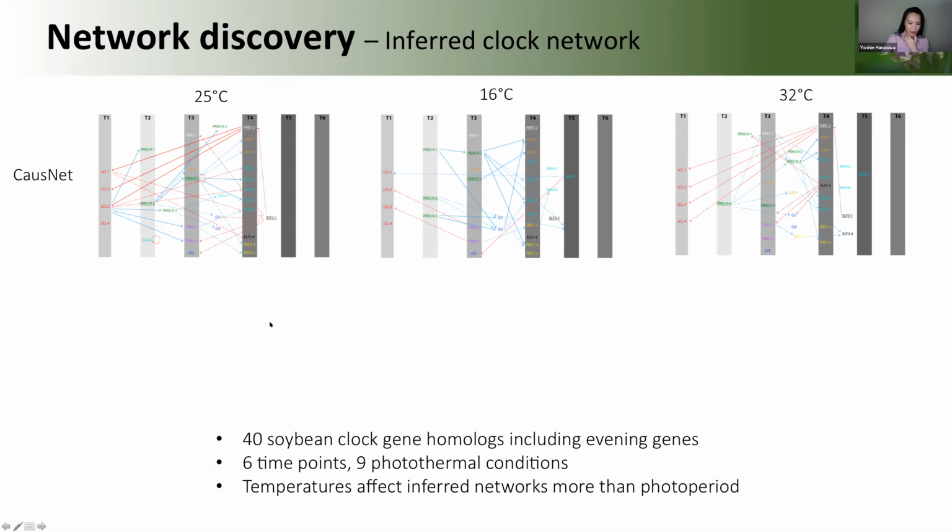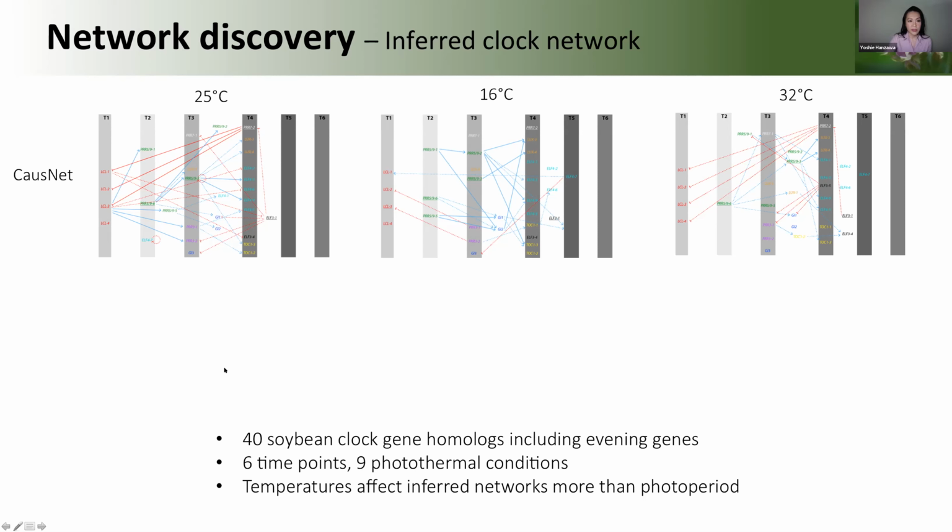The first thing we found is that temperature seems to have a much stronger effect on the structure of inferred networks, more than photoperiod. So here we are looking at combined networks of long day, short day shifts at 25 degrees, 16 degrees, and 32 degrees.